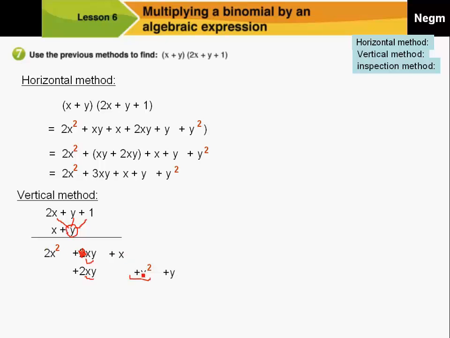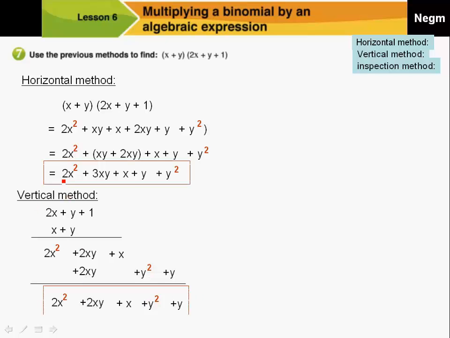There is no y here, so we have to write it alone. This will equal 2x squared, and xy plus 2xy is 3xy, plus x plus y squared plus y. This is the answer using the vertical method. Comparing both, we of course have the same result.